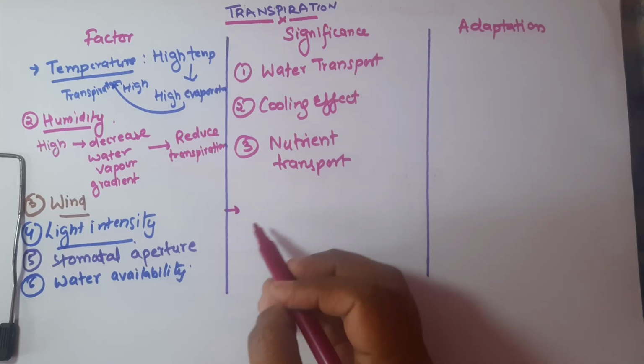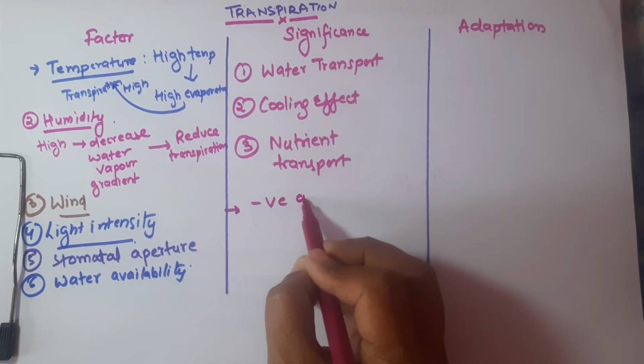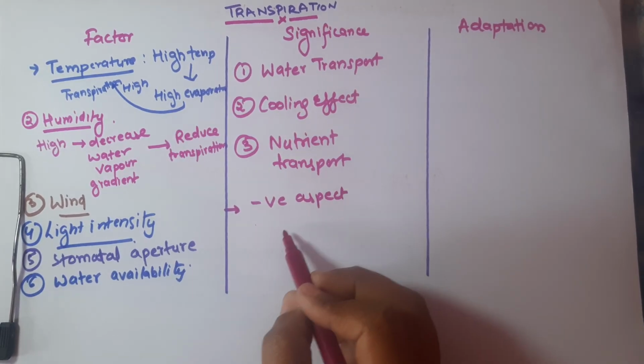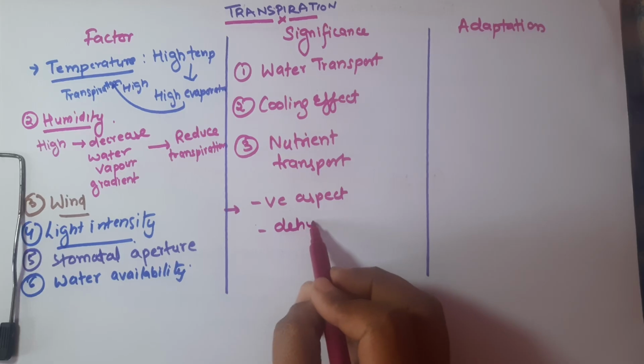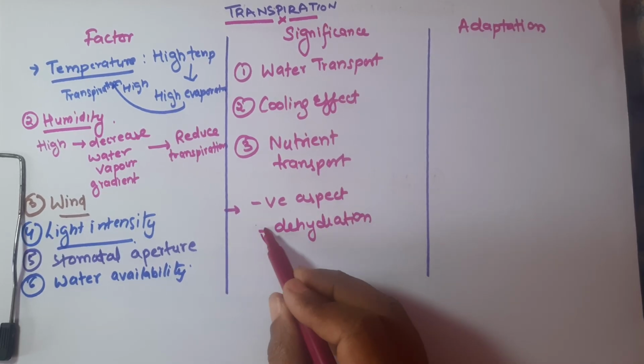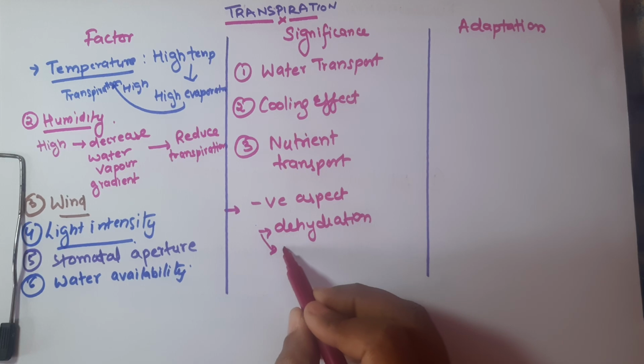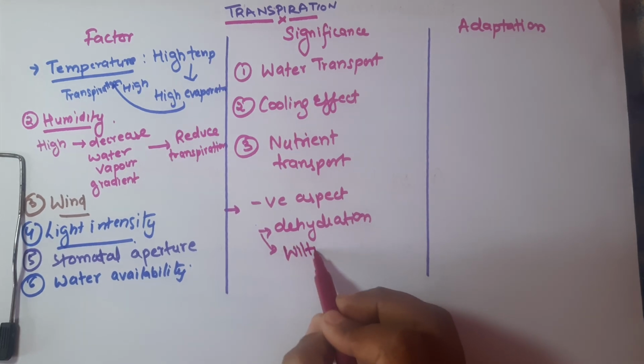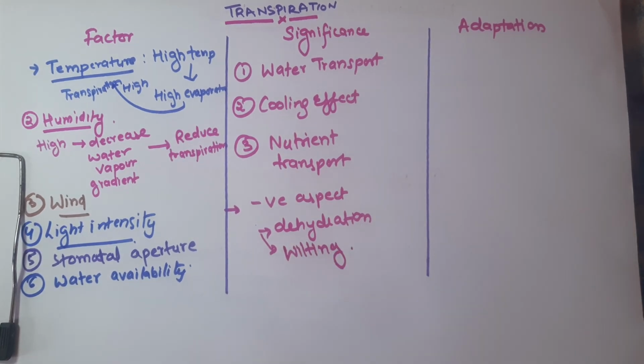The negative aspect of transpiration is that it will lead to dehydration and wilting of the plant if there is an excess transpiration rate. The transpirational pull is essential for the upward movement of water and minerals from the roots to the plant parts.